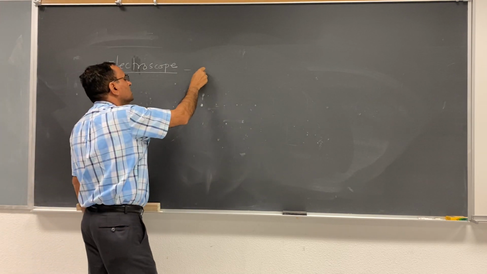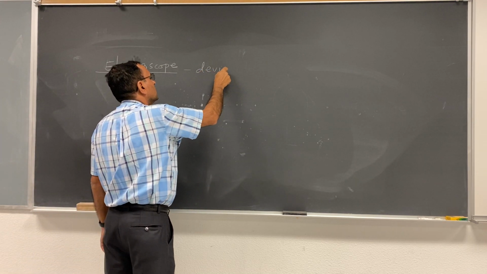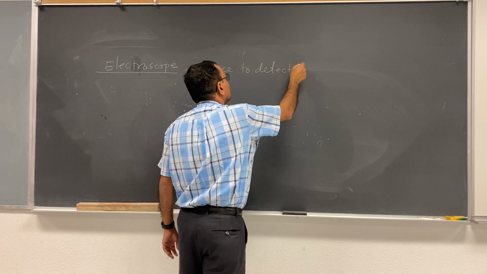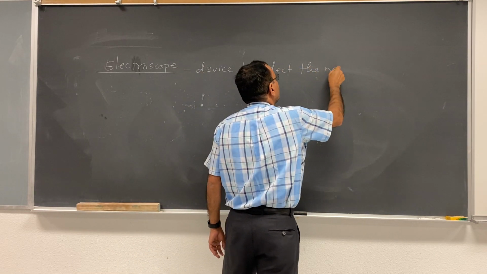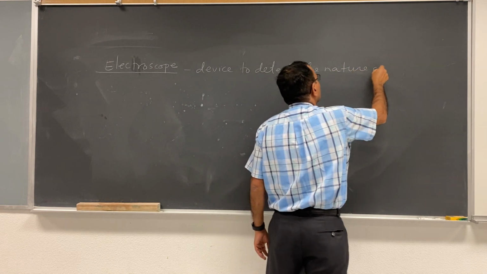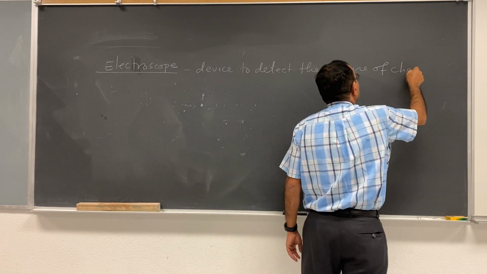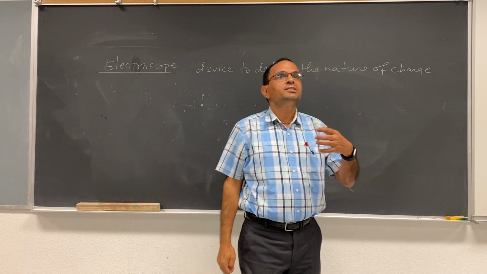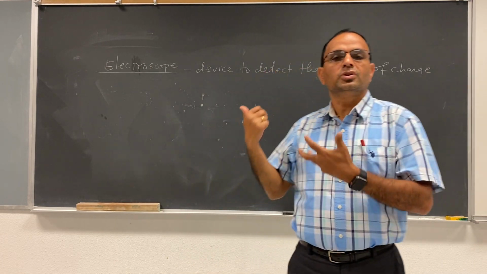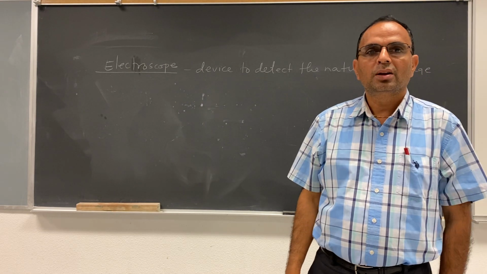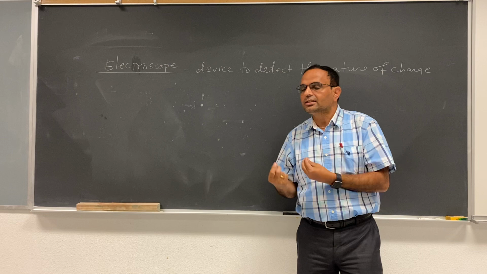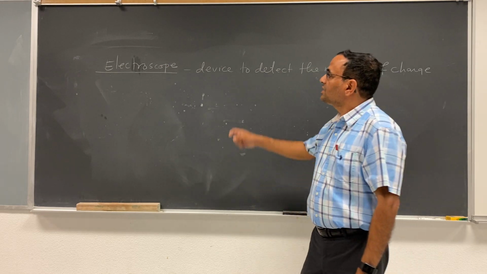This is a device to detect the nature of charge. Or you can simply say that if you want to check the presence of charge, you can use the electroscope. So you can use this to detect the presence of charge or the nature of the charge.